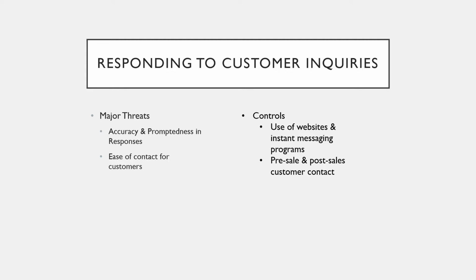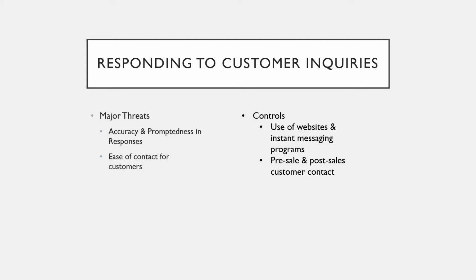So you have the use of websites and instant messaging programs. Most often, companies will put into place a website with Q&As. They will have instant messaging where you can message a chatbot and get answers quickly.